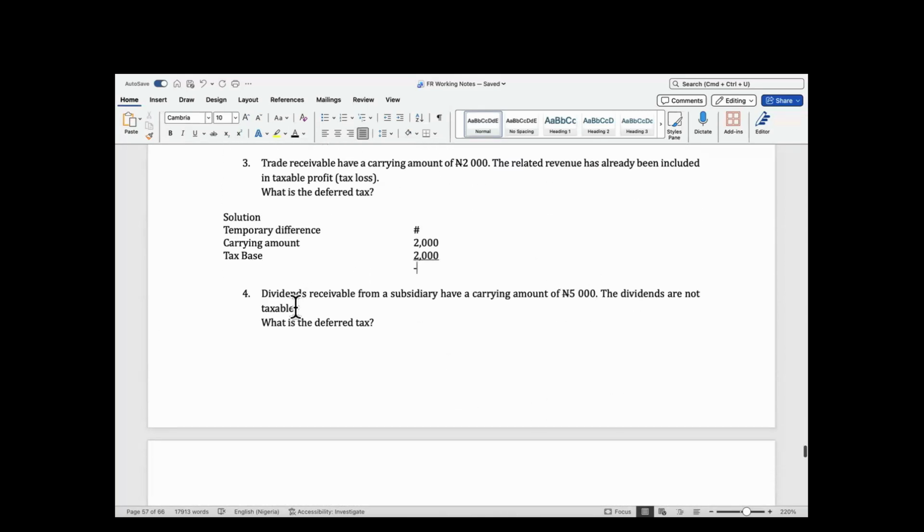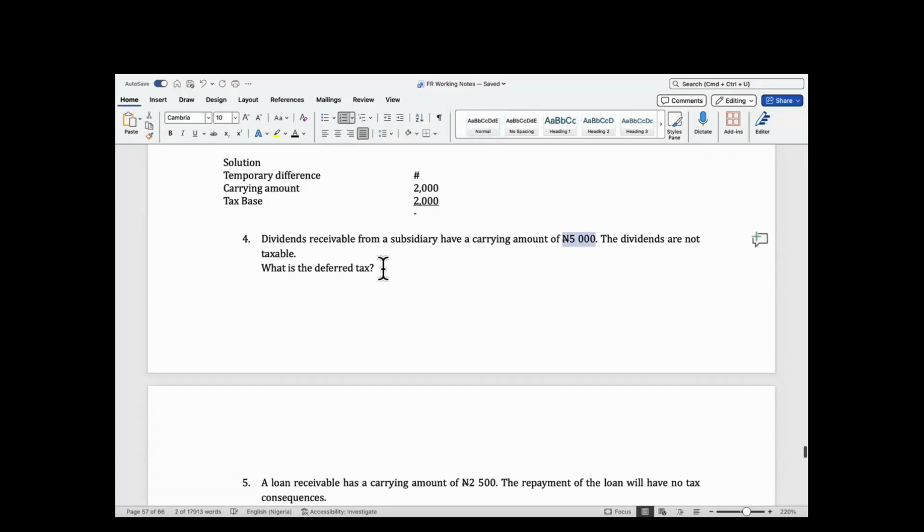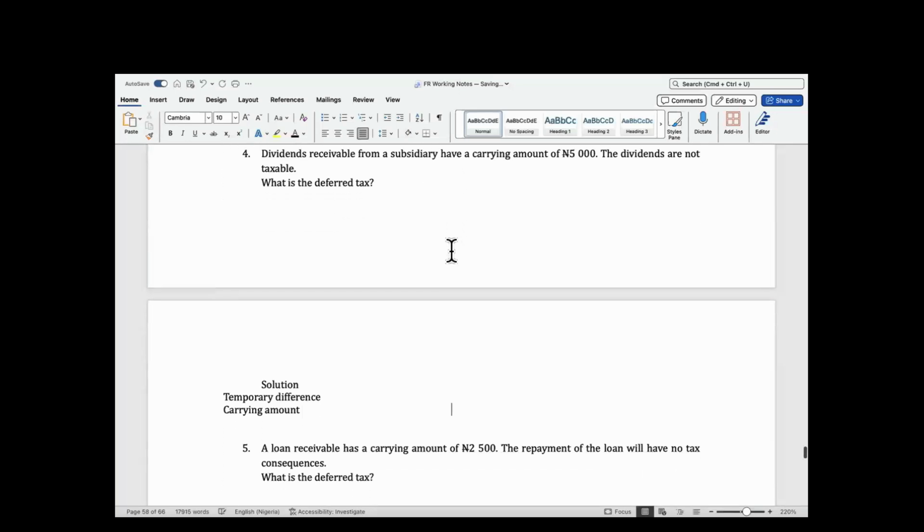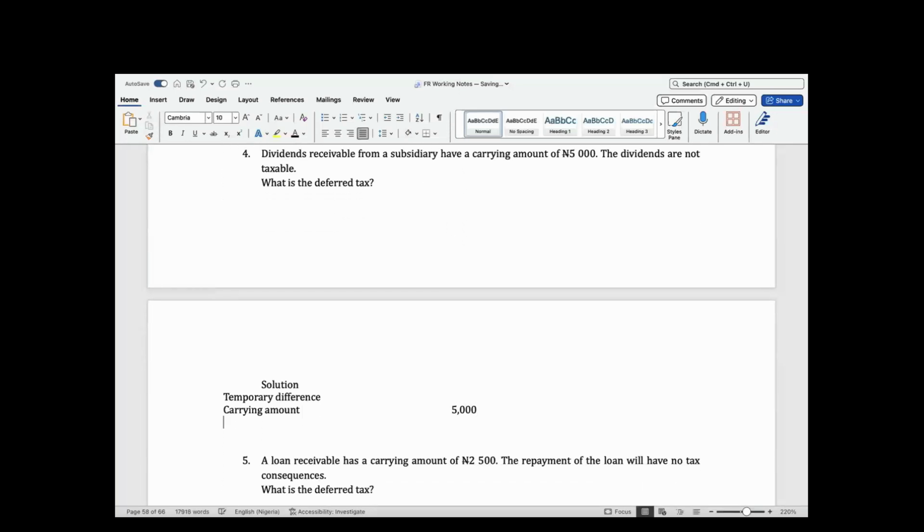The next one, a dividend receivable from a subsidiary has a carrying amount of 5,000. Dividends are not taxable. So in this case, I will have my carrying amount, which I was told is 5,000.